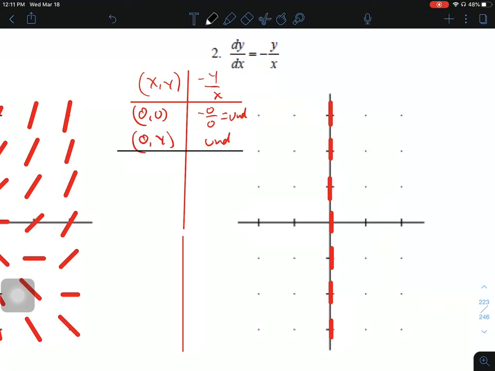Let's see, what about, let's say that we choose a y value of 0 and we choose x to be whatever we want, other than 0 for x. In each of those cases, you're going to have negative 0 over x, which is 0 over x, which is going to be 0.